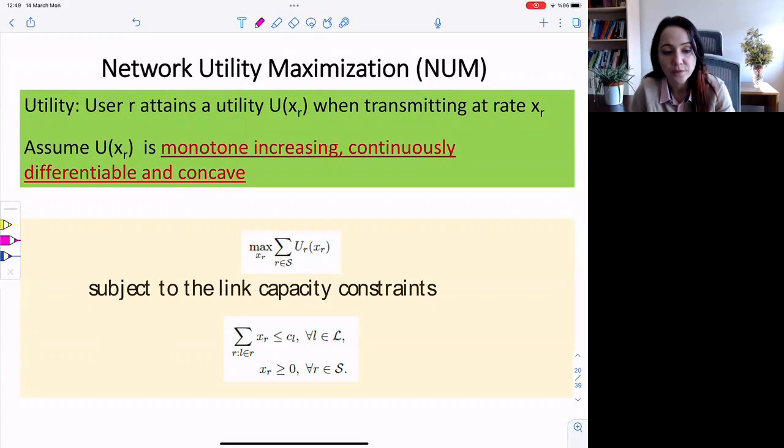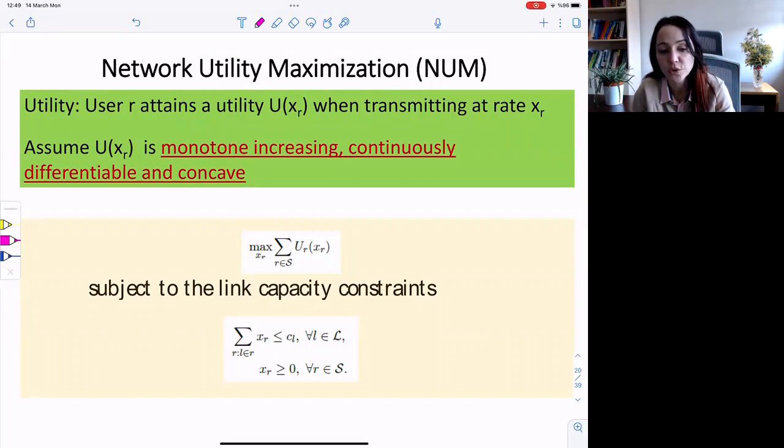That are the sum of all the rates traversing a certain link l should be below the capacity of that link. So how do we find the sum rates? We sum the rate of the flows that traverse that link.